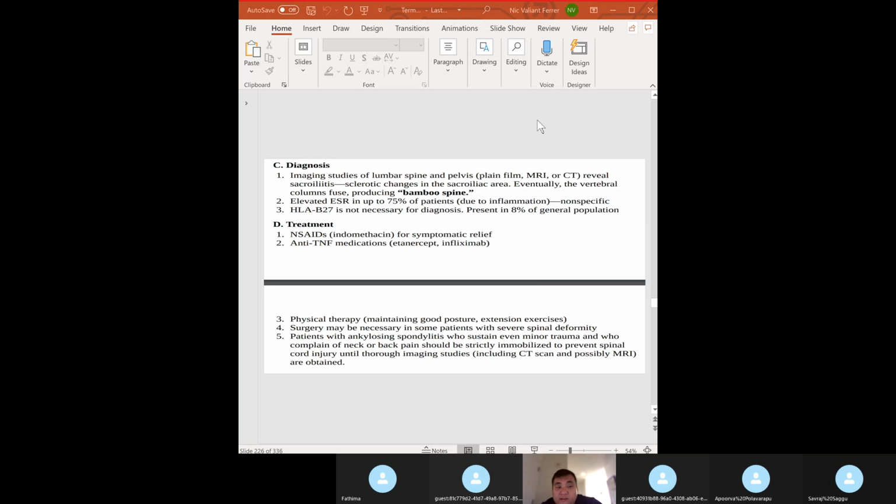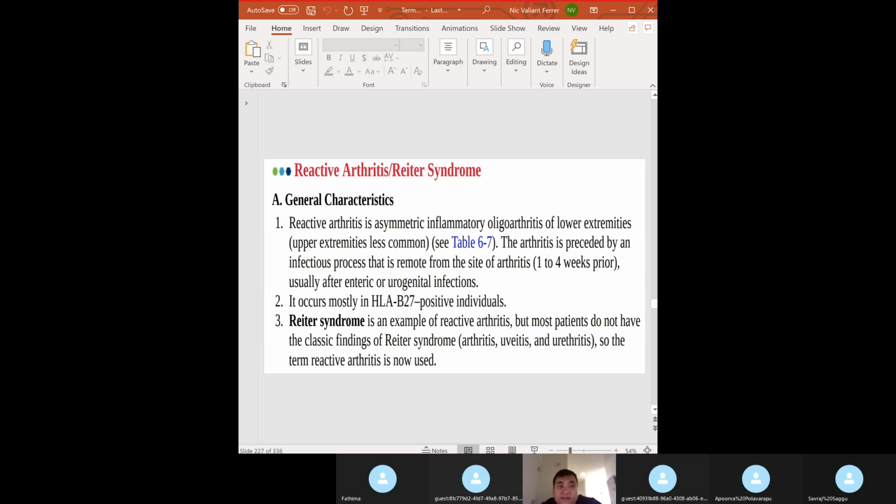Also, physical therapy, surgery, right? If the AS is so severe, the patient needs to be immobilized to prevent spinal cord injury.